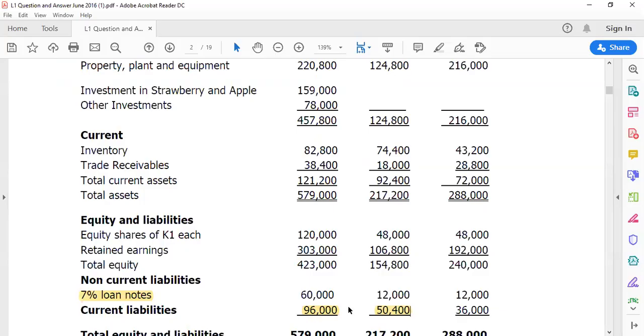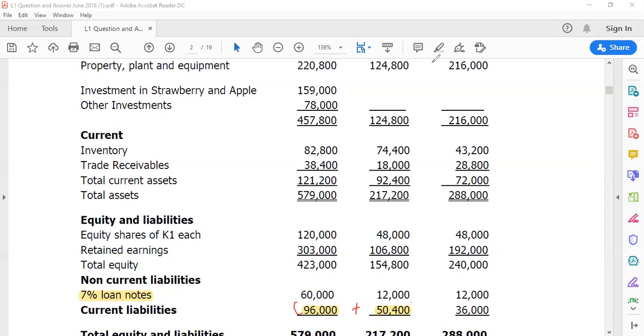So non-current, we have 96. What you do here is simply bring these ones, open brackets, plus this one, the 96 plus this guy, and you just open brackets. You could leave it open because there could be something.